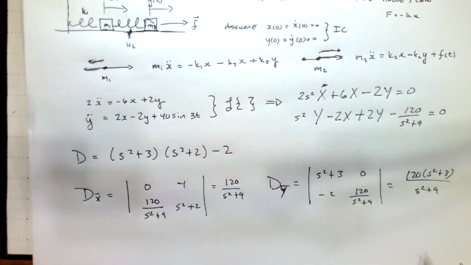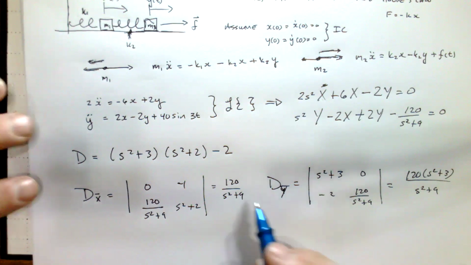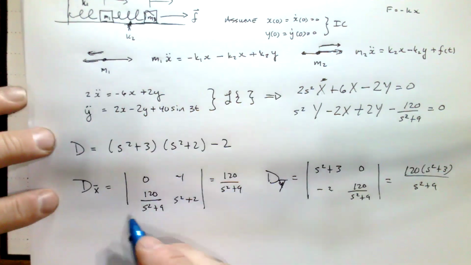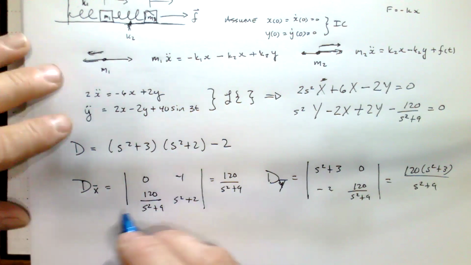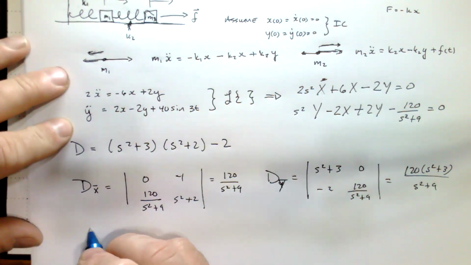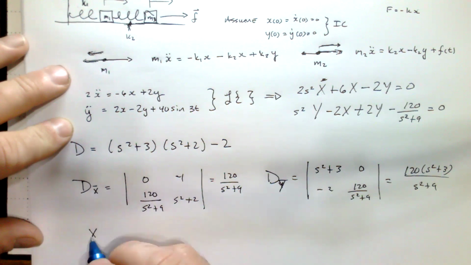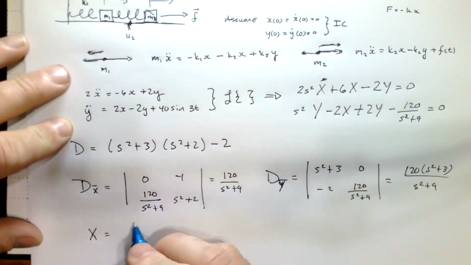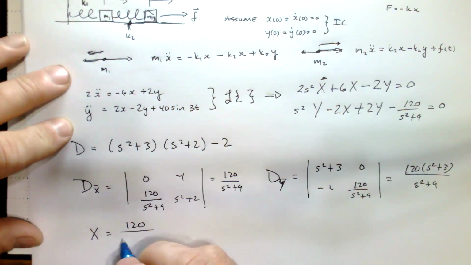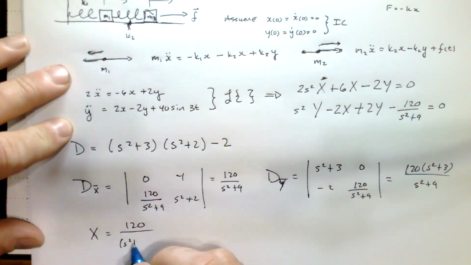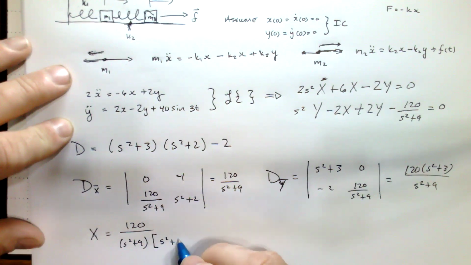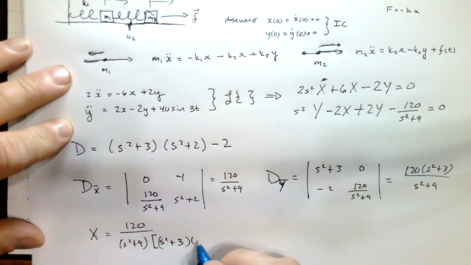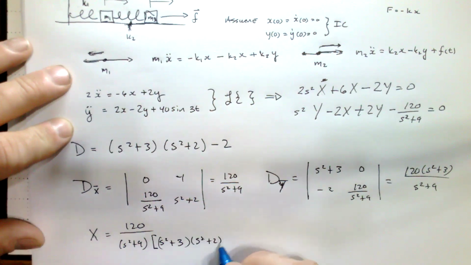Now that we've done that, we can solve for X. X is going to equal 120 over s squared plus 9, divided by s squared plus 3 times s squared plus 2, minus 2.